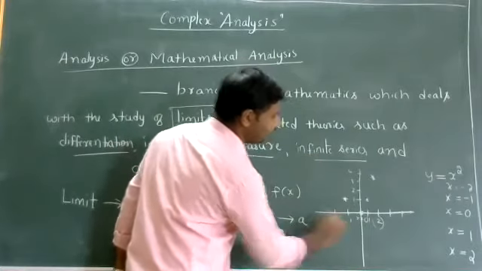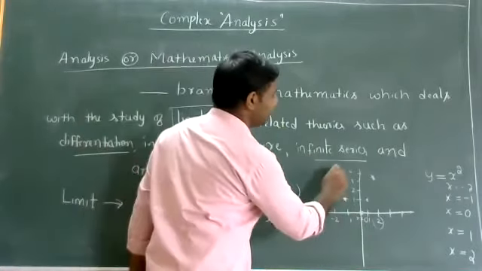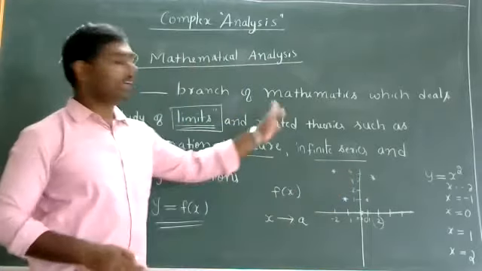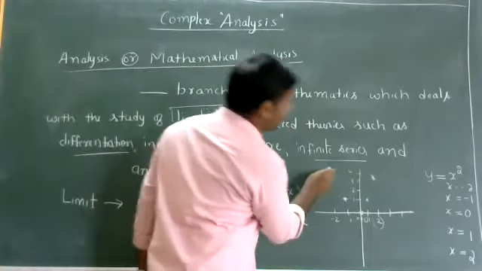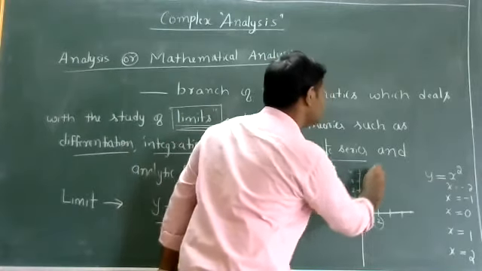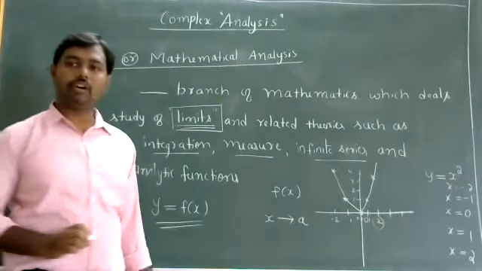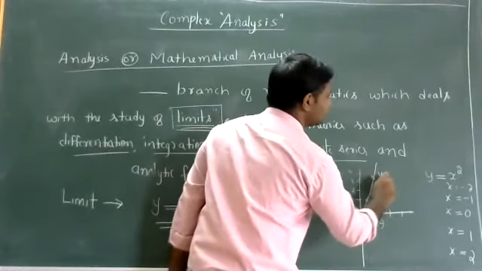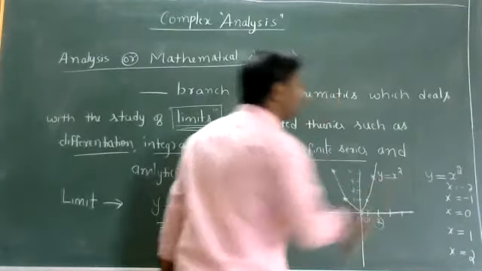Like this, you can plot many points, and joining these points, you will get a curve on the plane, and this is nothing but the function y is equal to x square.